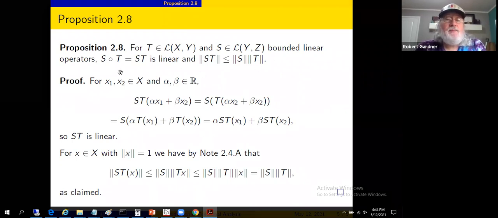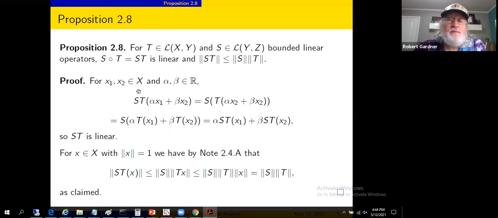Claim of linearity. All right, take your two vectors in input space X. S composed with T, that's the composition ST, takes X and maps it to Z. But anyhow, the input is still normed linear space, capital X. So take two vectors from capital X and take two scalars, taking our scalars to be real.